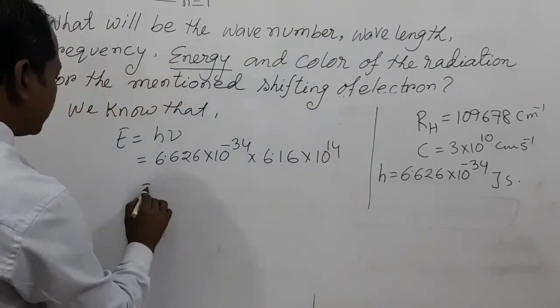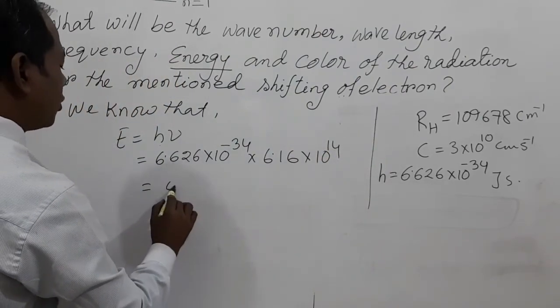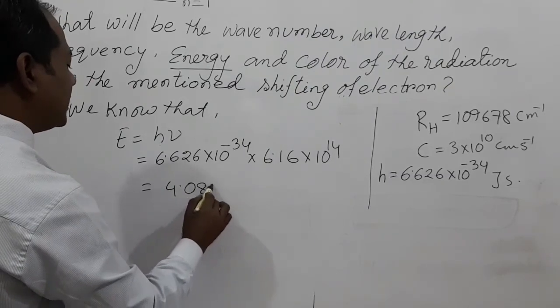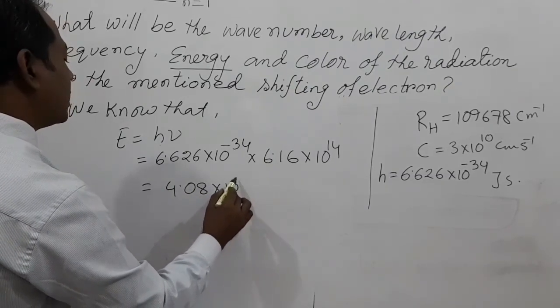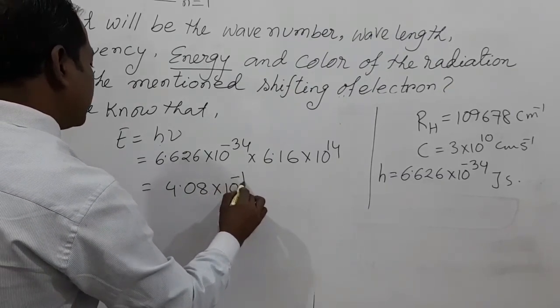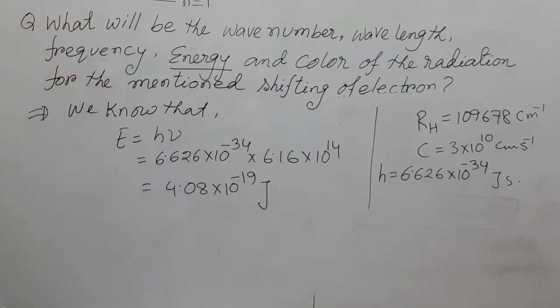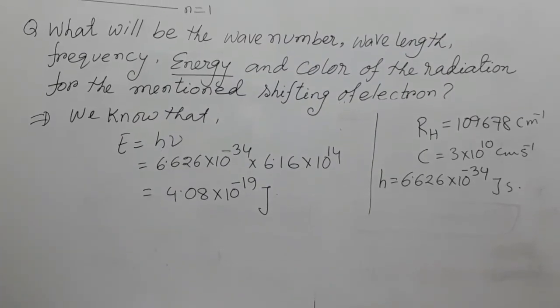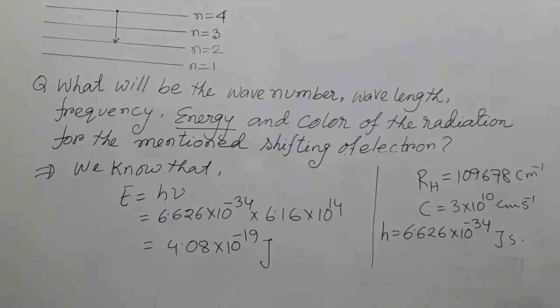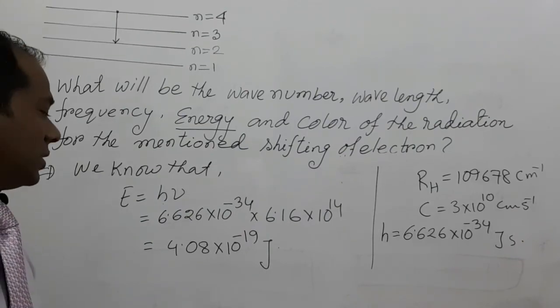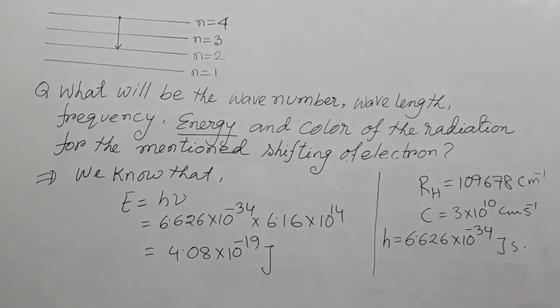So we get the value 4.08 × 10^−19 joule. So we can say that the energy for the transition is 4.08 × 10^−19 joule.